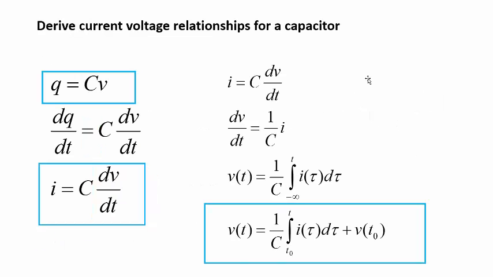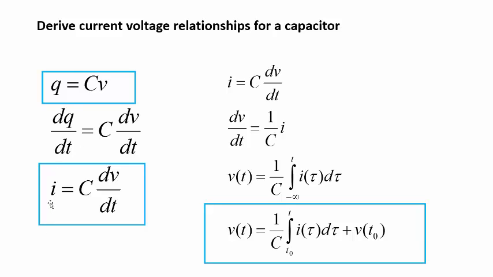So now we want to be able to use our capacitors in a circuit, so we have to understand the relationship between current and voltage for the capacitor, just like we have for a resistor. So we'll start with this defining relationship that the total charge is capacitance times voltage. If I differentiate both sides with respect to time, dq/dt equals C. Now capacitance is a constant depending on the physical geometry of the device, and then dv/dt. So dq/dt, that's charge per second, coulombs per second, that's current.